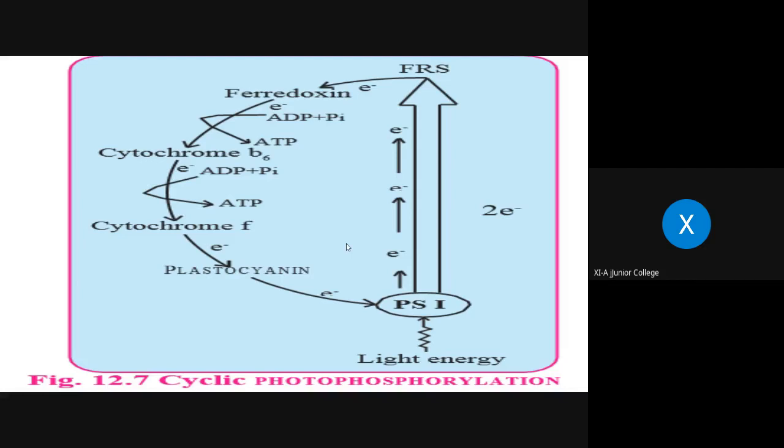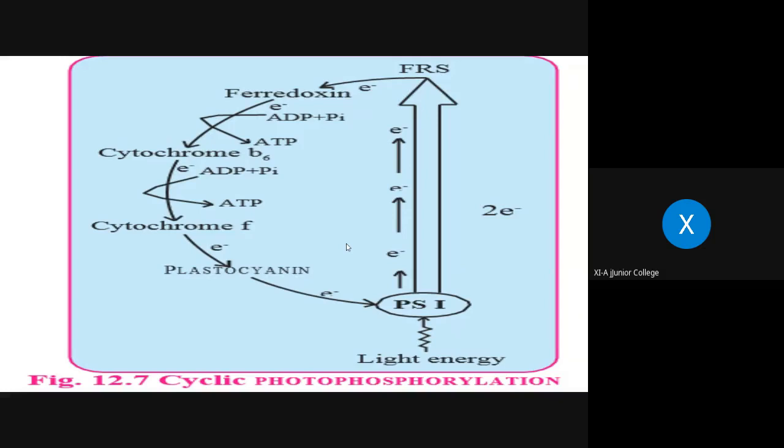And during that transfer, energy is released and stored in the form of ATP. So ATP is synthesized, that means phosphorylation is taking place. All this takes place in the presence of light, so this is called photophosphorylation. Have you understood? Are you getting my point? Understood? Yes or no? Yes.